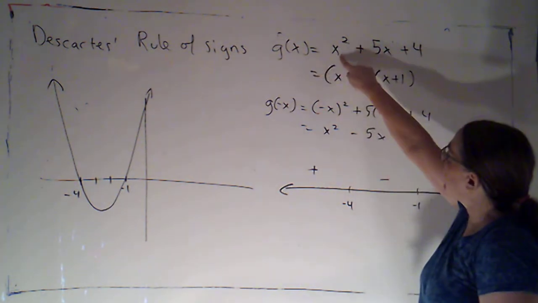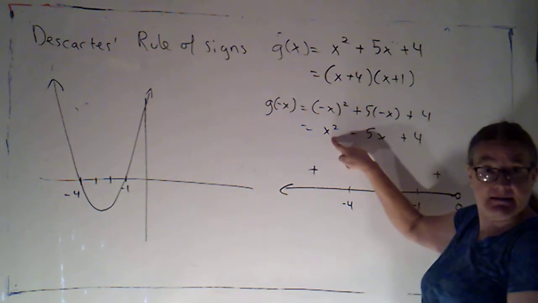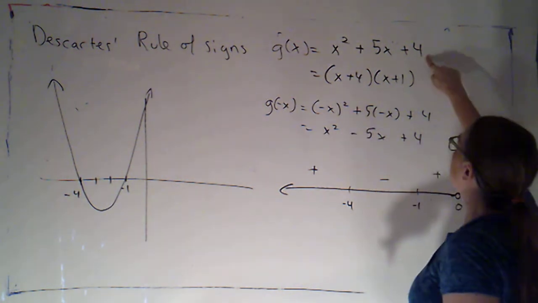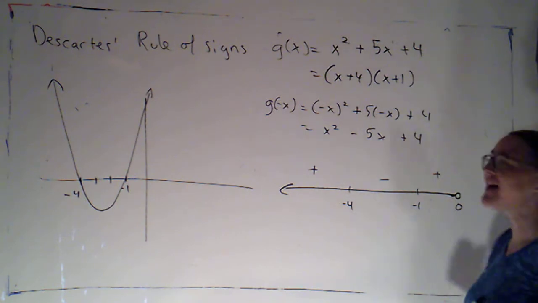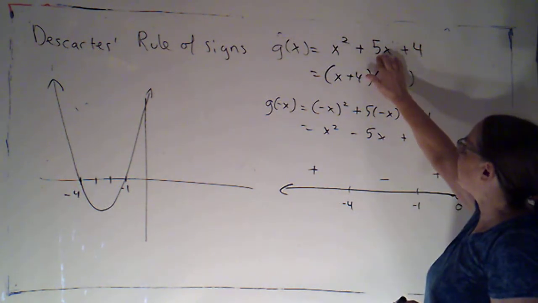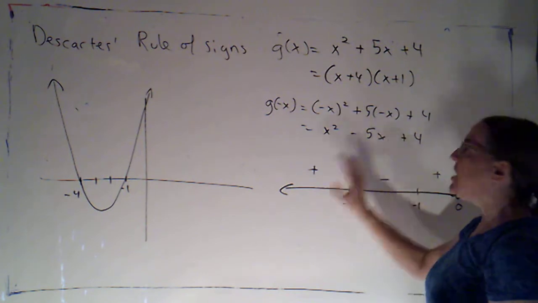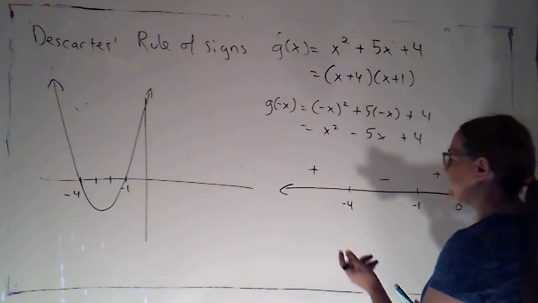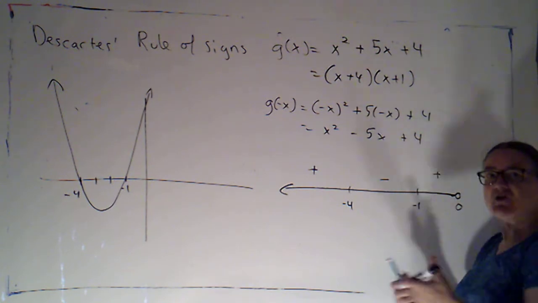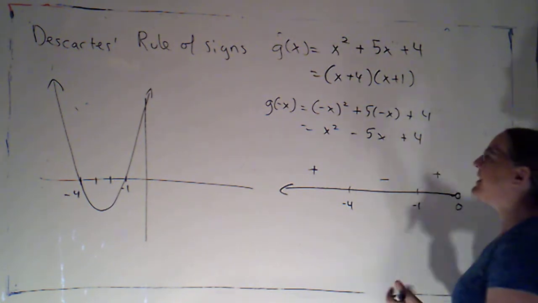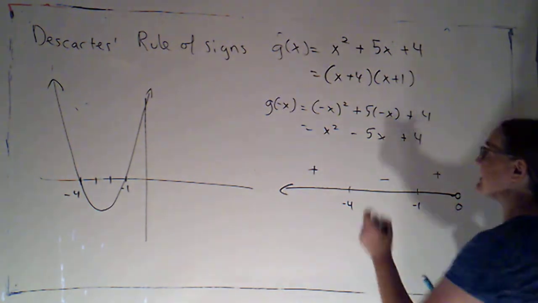When I plug in a negative to x squared, I'm still going to get something that's positive. When I plug in a negative to my constant term of 4, it's still going to be 4. I'm going to have a positive. But when I plug in a negative to 5x, it becomes negative. So by looking at g of negative x, now the signs of these terms match the signs that I'm going to get when I plug in a negative number.